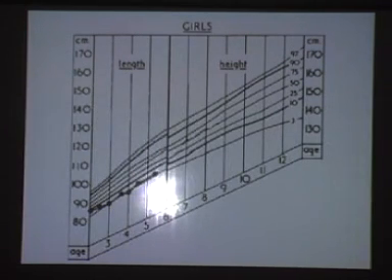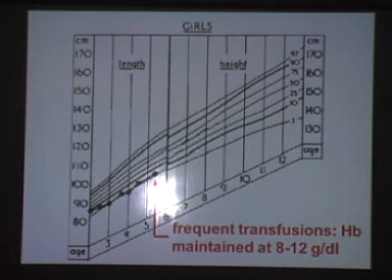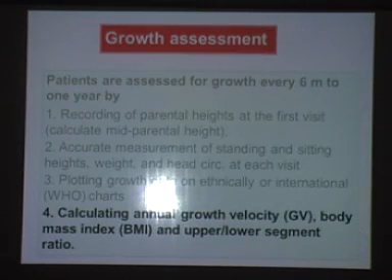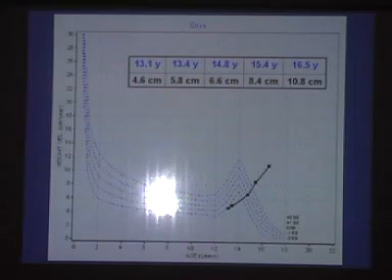She was on the 3rd percentile, and after optimizing the treatment, her growth improved, and she is now on the 75th percentile. And lastly, we calculate the growth velocity, the BMI, and the upper and lower segment.